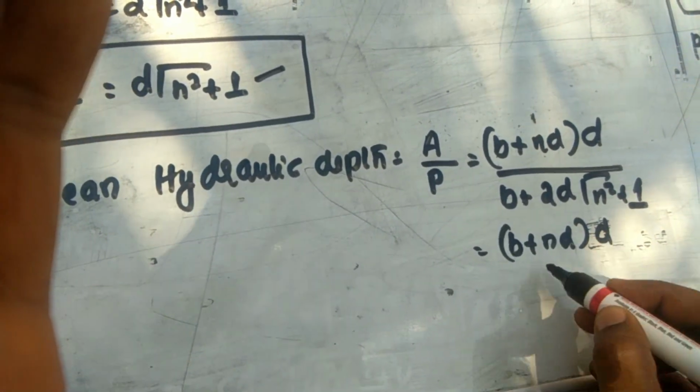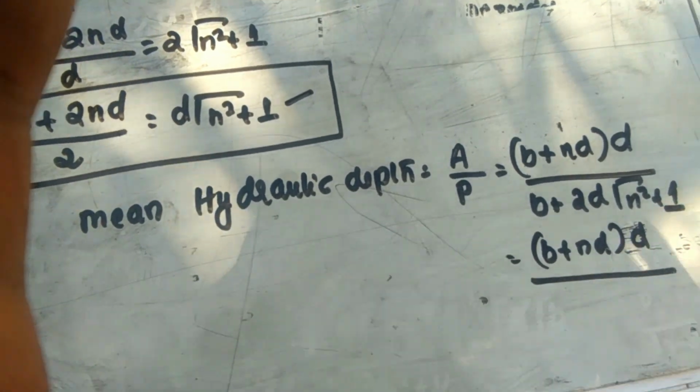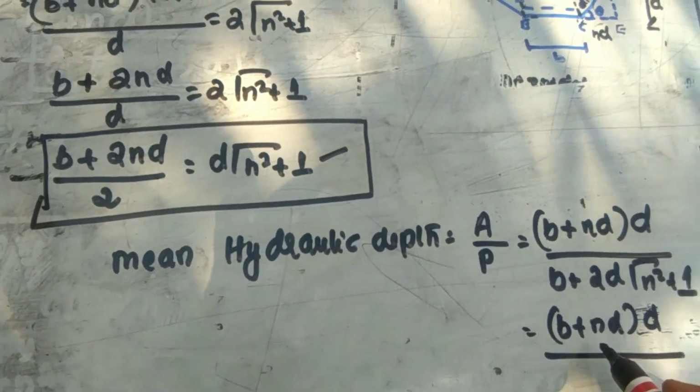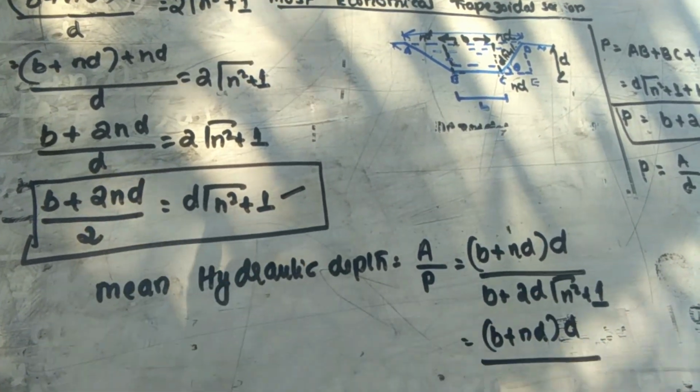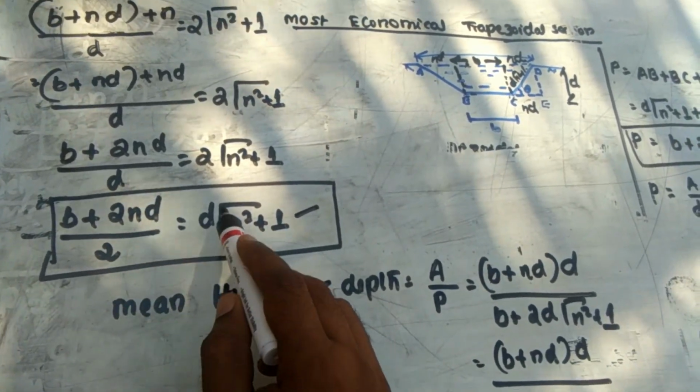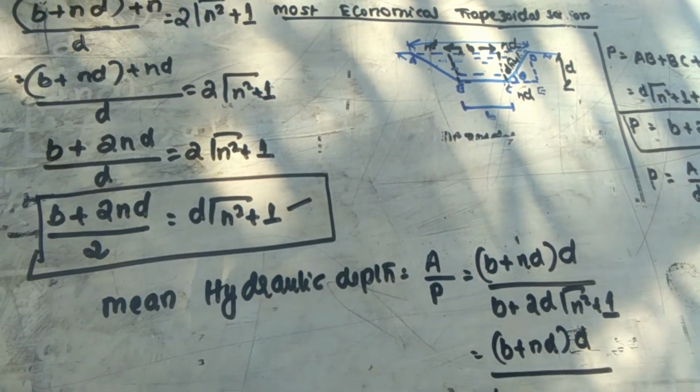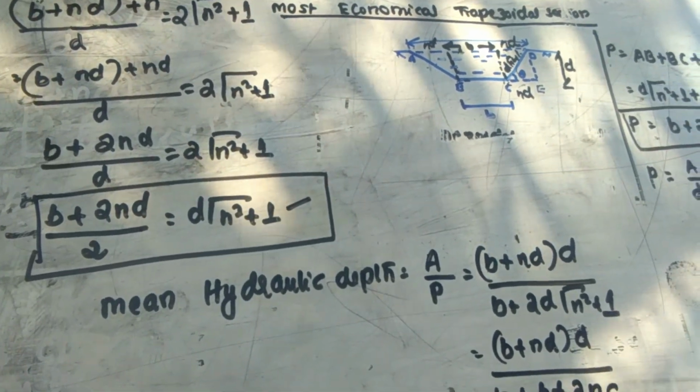Into d divided by the perimeter, b plus 2d root of n square plus 1, and here b plus 2n is equal to 2d root of n square plus 1.